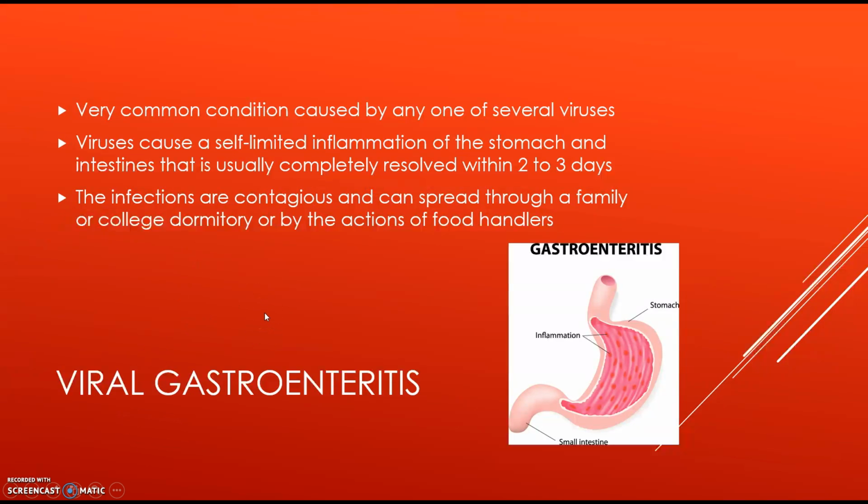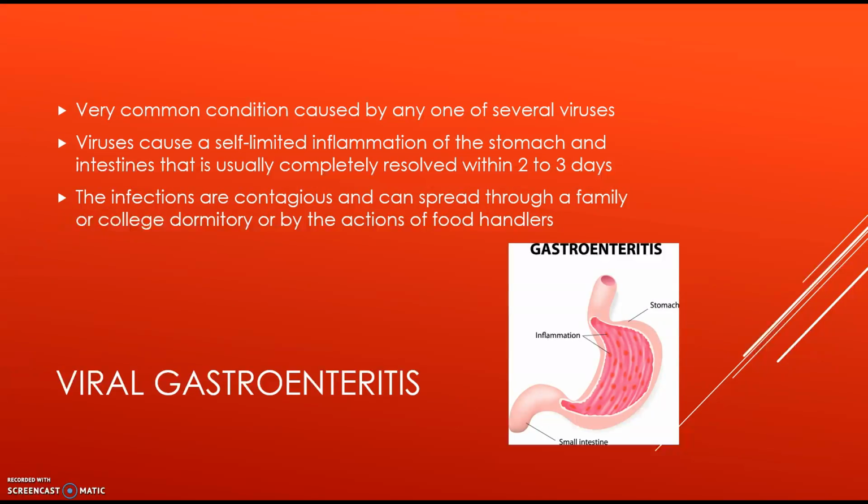Viral gastroenteritis is an intestinal infection that's marked by watery diarrhea, abdominal cramps, nausea, vomiting, sometimes associated with fever. The most common way to get viral gastroenteritis, which we often refer to as the stomach flu, is through contact with an infected person or by ingesting contaminated food or water.